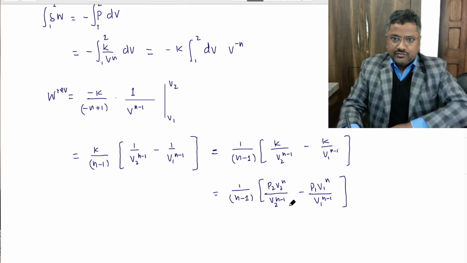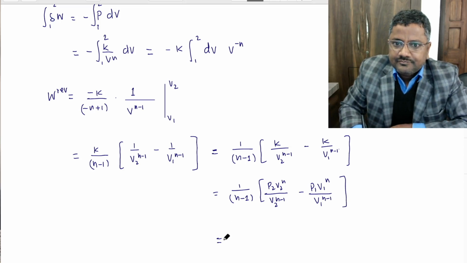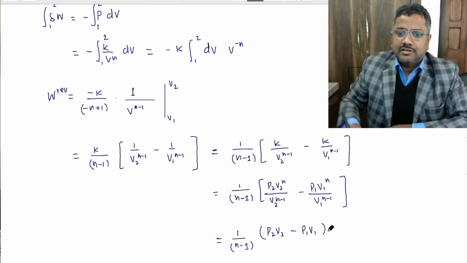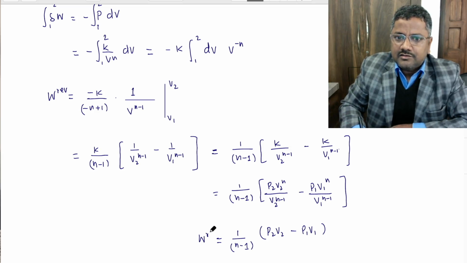So we can write 1 by n minus 1 times P2 V2 minus P1 V1, W reversible.